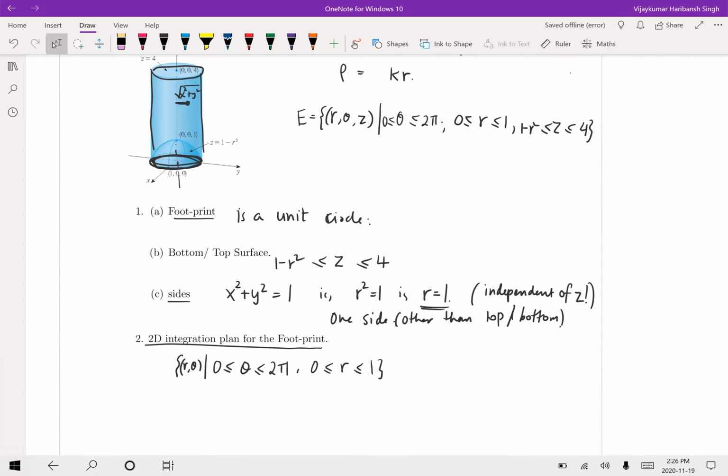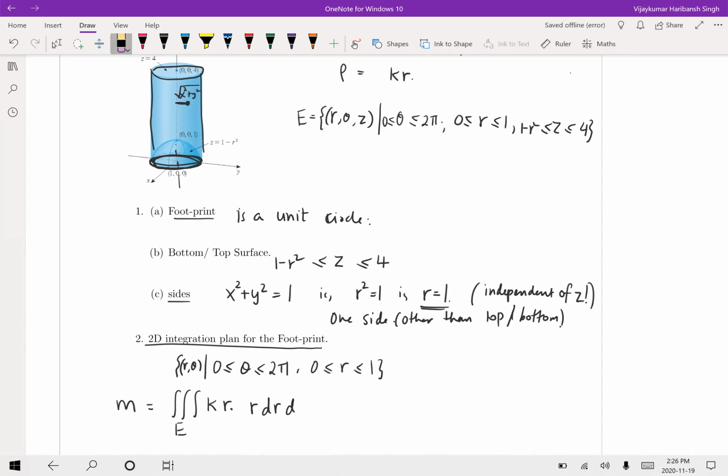In this case, the mass is the integration over E of k times r, dz r dr d theta.